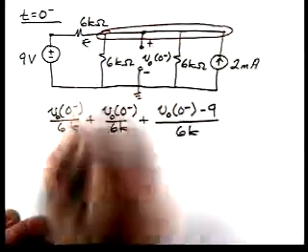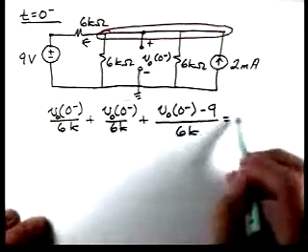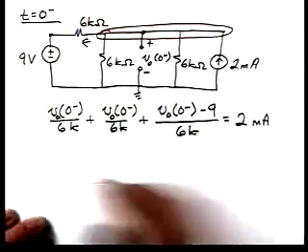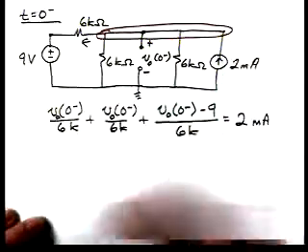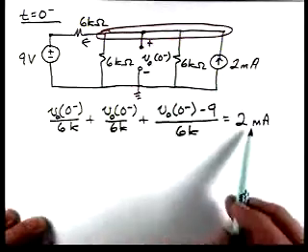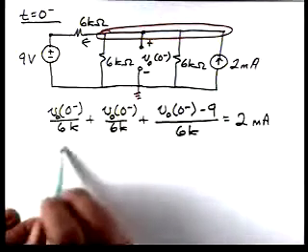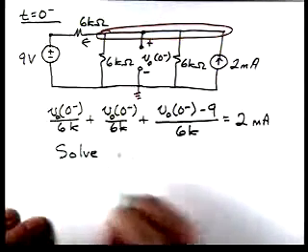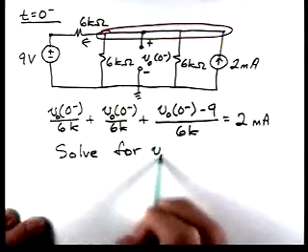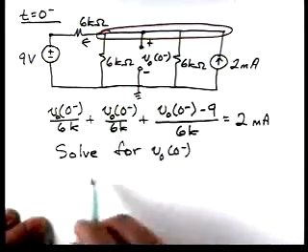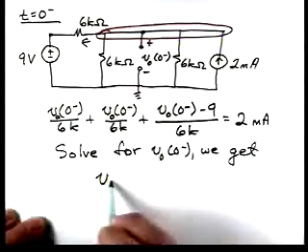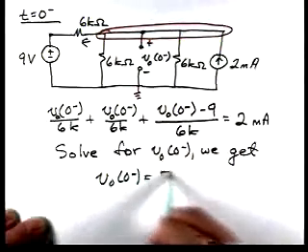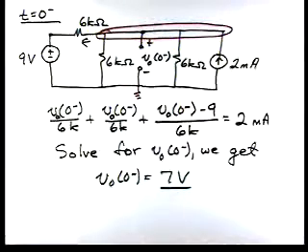That would be the current in this direction, and that's equal to 2 milliamps. So this current's leaving, this current's leaving, this current's leaving. So we have the sum of the currents leaving equal to the sum of the currents entering. And if we solve, we get V0 of 0 minus equal to 7 volts.